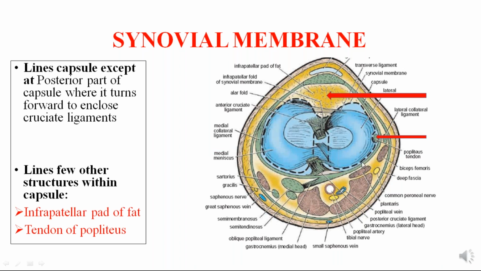The first structure is the infrapatellar pad of fat. This pad of fat is lying behind the ligamentum patella. The other structure is the tendon of popliteus. This tendon of popliteus is intracapsular. But look into the relation of synovial membrane with the tendon of popliteus. It is covering the tendon of popliteus as well as lining the infrapatellar pad of fat.